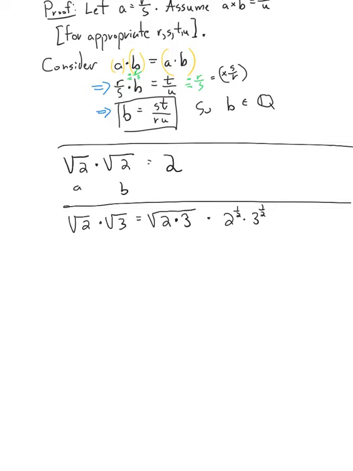And then by our rules for exponents, this is the same as 2 times 3 to the 1/2, which is of course the same as square root 2 times 3. So I can take square roots and multiply them together under the square root sign, which is square root 6.